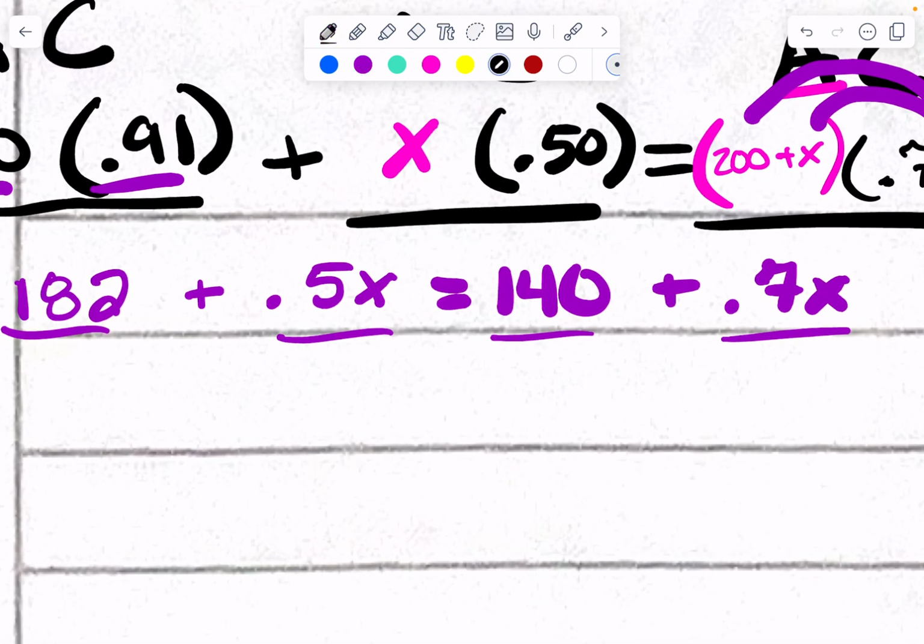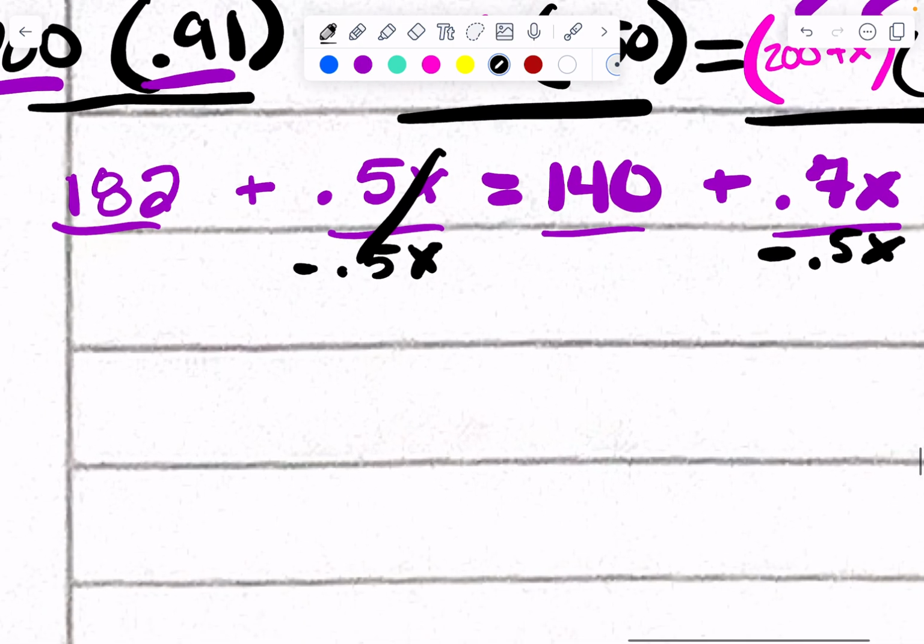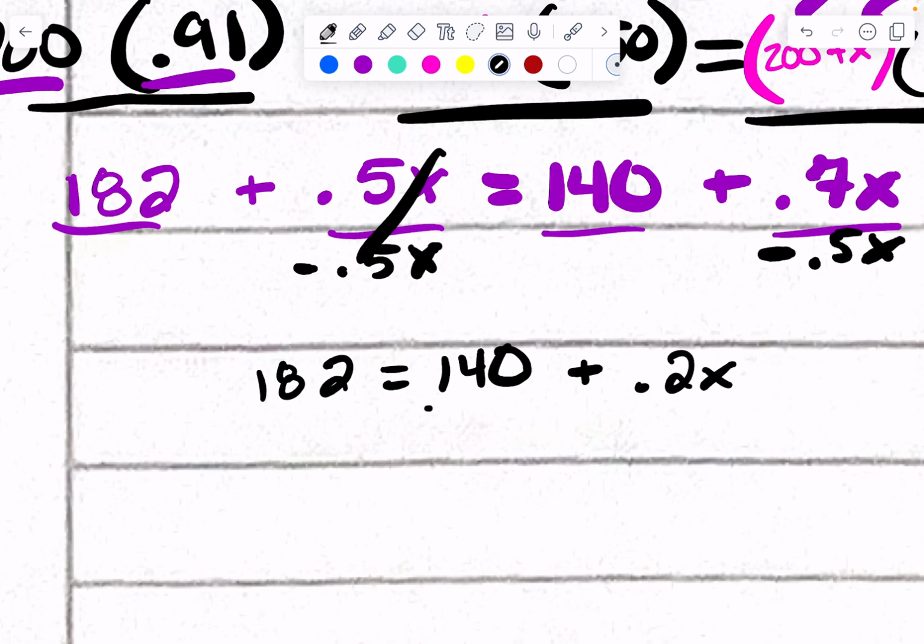Okay, so I'm going to subtract my 0.5x, and you can subtract the 140 at the same time. I'm going to do two separate steps, but there's that. 0.7x minus 0.5x is 0.2x, and then I'm going to subtract my 140. So if you wanted to skip steps and do that all at one shot, that is totally fine.